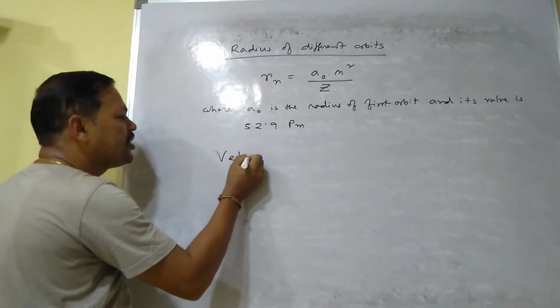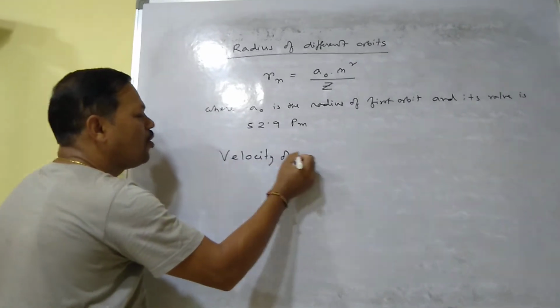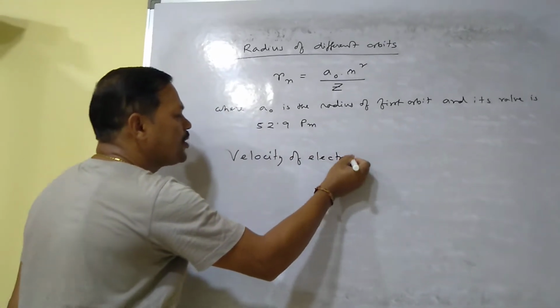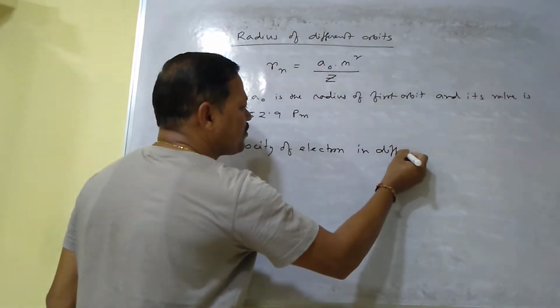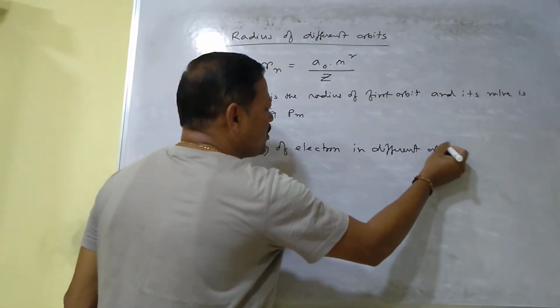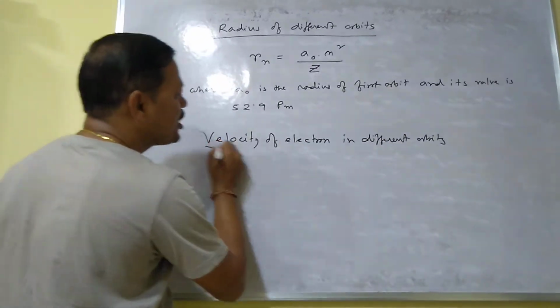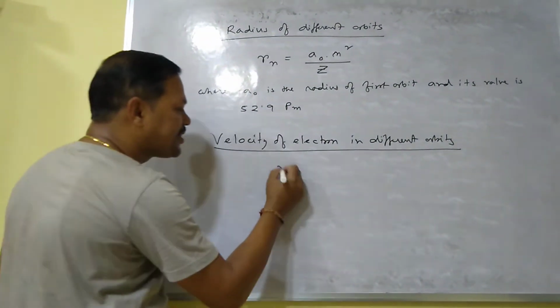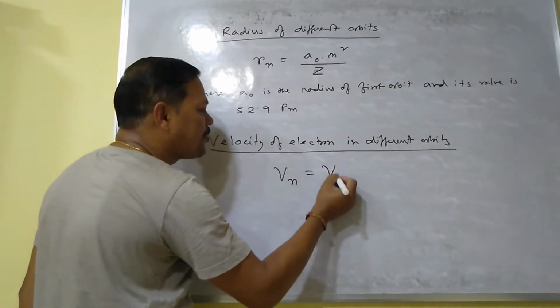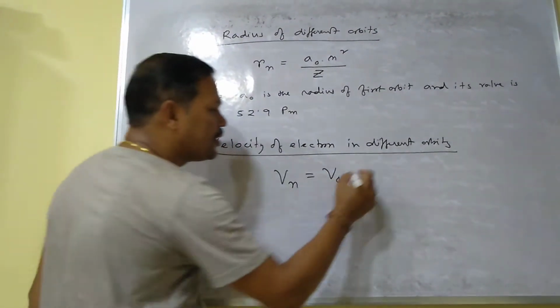Similarly, you can determine the velocity of electron in different orbits also. Now I will give you the formula to determine the velocity of electron in different orbits. The relation is Vn is equal to V naught into Z by n.